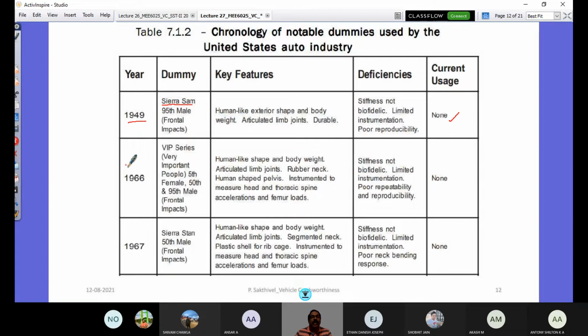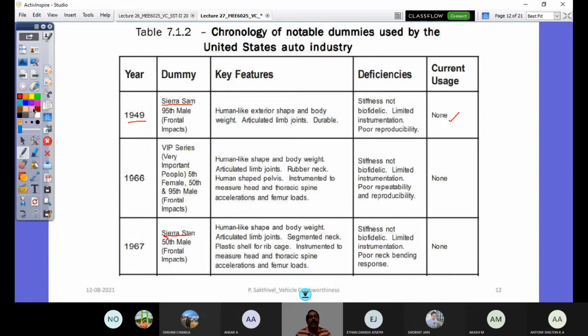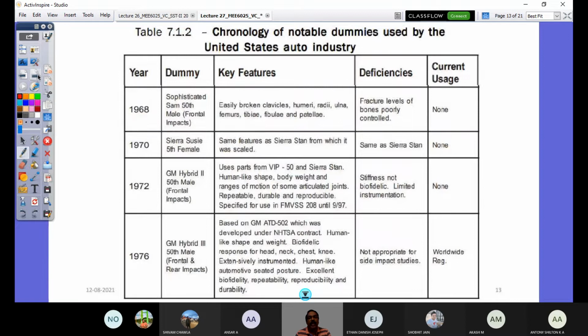Like that, after that, in 1966, they were called the VIP series, very important people: 50th percentile female, and 50th and 95th percentile male in frontal crash. And then again Sierra Sam and Stan, in frontal crash. So like that, you could see that it has gradually evolved, with a new dummy every year or two.